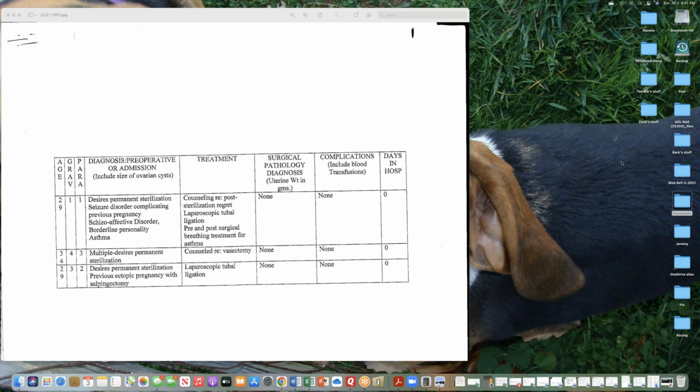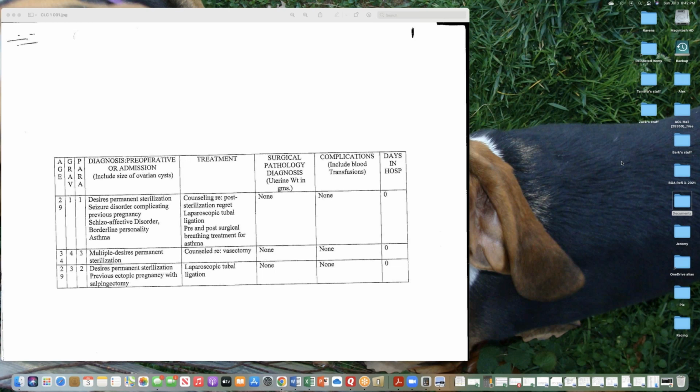Now, look at what they wrote in the treatment. Counseling regarding post-sterilization regret, and then they did a laparoscopic tubal. So I would argue to you guys, if you're going to put counseling regarding regret, okay, that's fine, but you need to then put it for all of your patients. Because why are they singling out this patient, as compared to patient number 3?